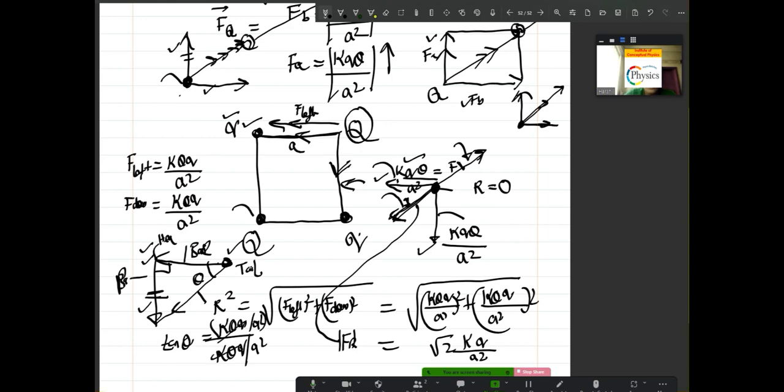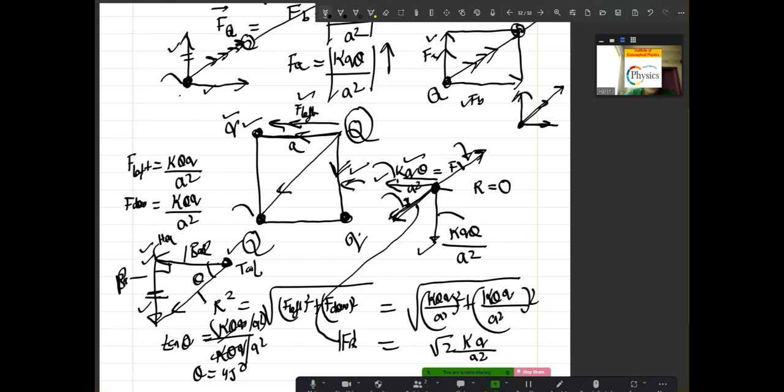I get theta is equal to 45 degrees. So we have proven that the force due to this left and down is at 45 degrees, which means it is along the diagonal. And if you notice this particular third charge, which is Q, it is also along the diagonal.